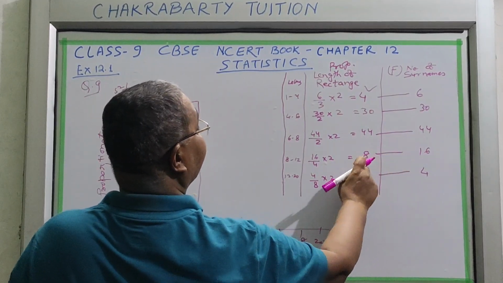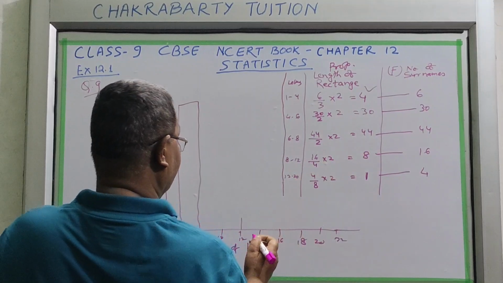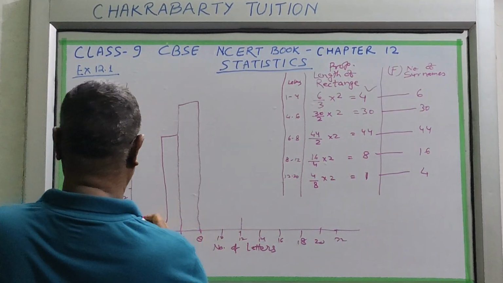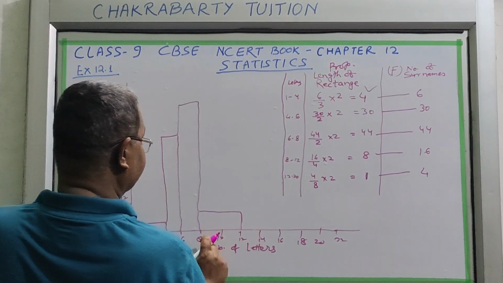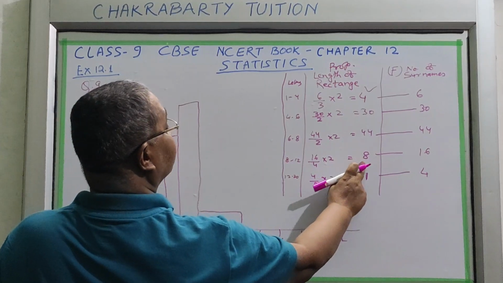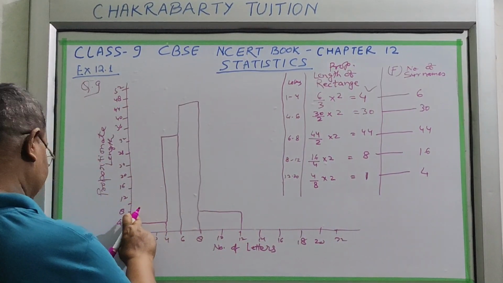This we will not take, this we are taking, 8. So 8 is coming somewhere here. It will be like this. For 8 to 12 the proportionate length is 8, so it will be like this.